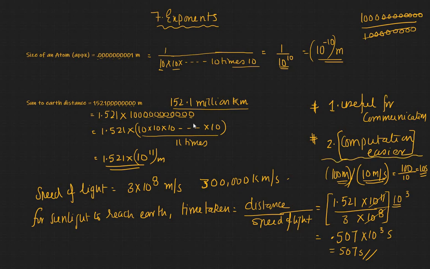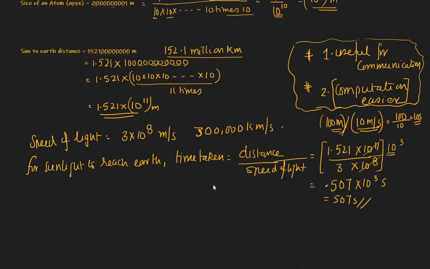So it's for both these reasons that you will find exponents very, very important in science, and not only in science but in economics, in anything related where there are big numbers or small numbers.